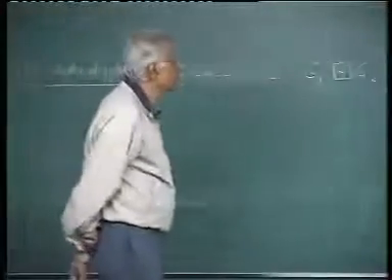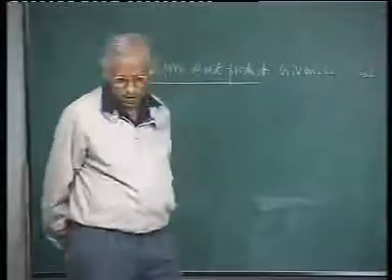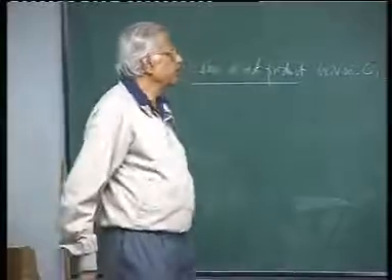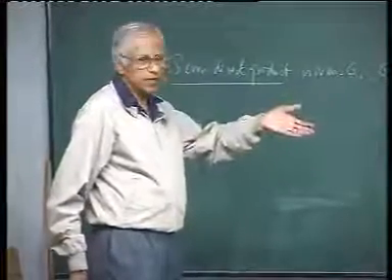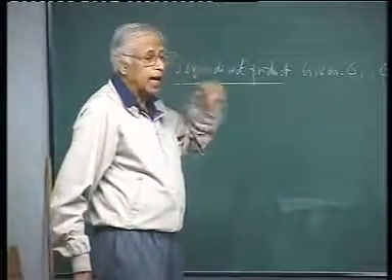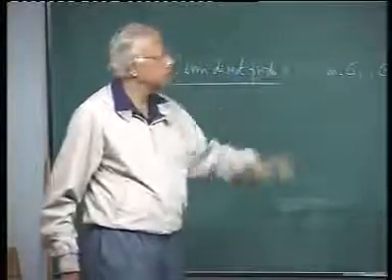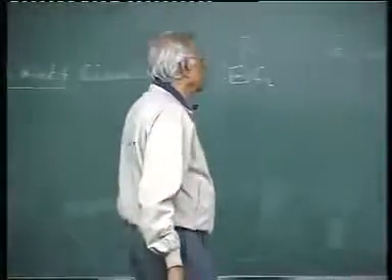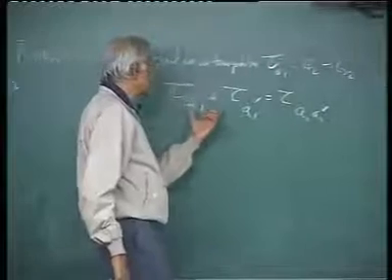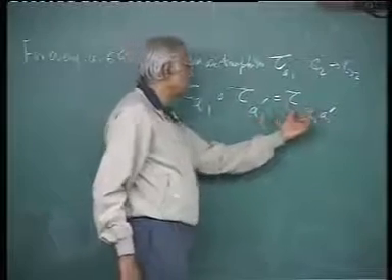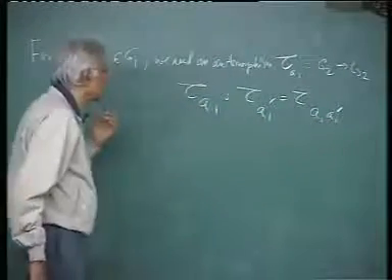Please discover for yourself the meaning of this equation. Tau A1 prime is a mapping of G2 onto itself. So you can apply it. After having applied it, you apply tau A1, another mapping of G2 onto itself. The composition of these automorphisms must be automorphisms of the product elements.